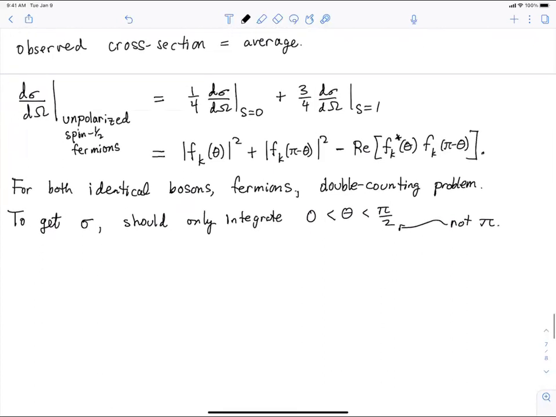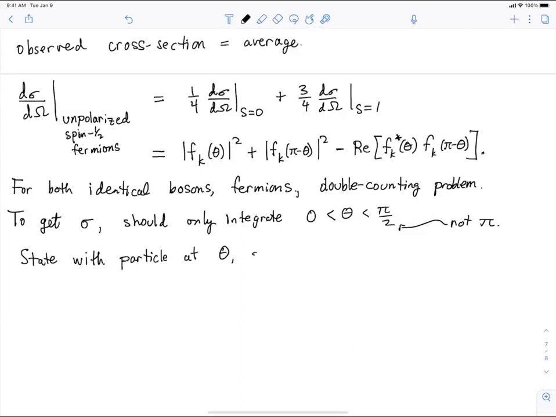So why is that? Let's say you see a particle at the angle theta, and so you know that you're in a state where there's a particle at the angle theta. Okay, that's the same state as if there's a particle at pi minus theta, because if there's a particle at pi minus theta, there has to be one at theta also.